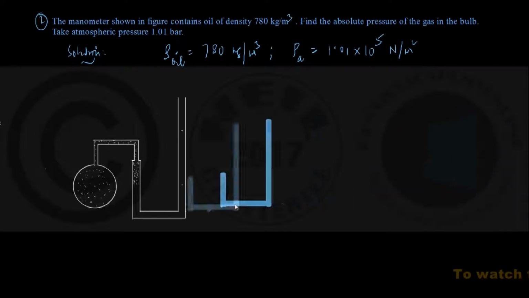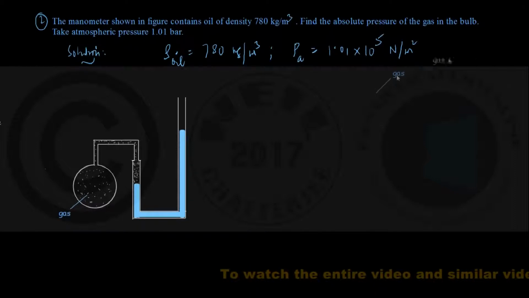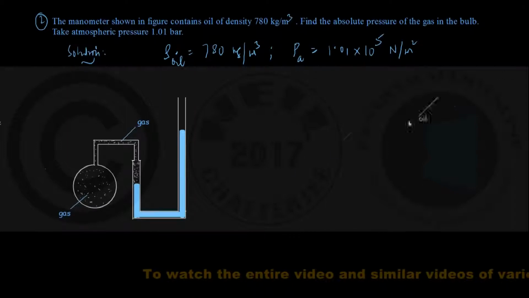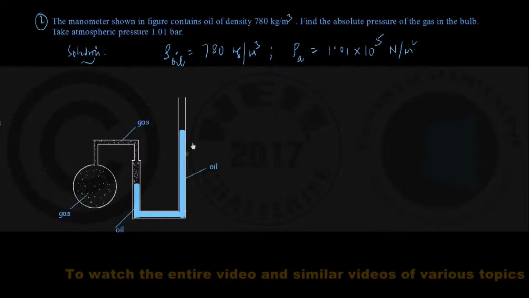This is the gas that is spreading from this vessel onto a part of this manometric tube, and the remaining part of this manometric tube is filled up with the oil in question. So a proper labeling will be helpful here. This is gas inside the vessel. This is gas spreading onto a part of the manometer, and the blue colored thing is the same oil spreading in both the limbs. In the right limb, its height is greater.